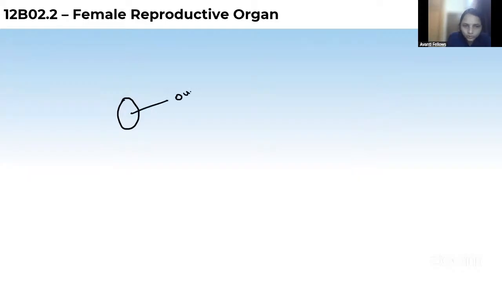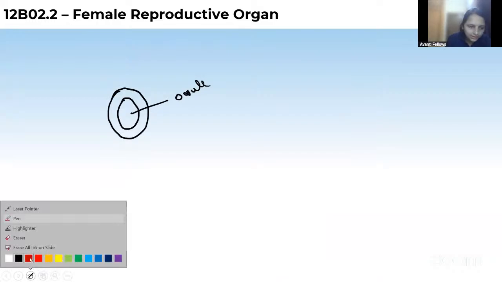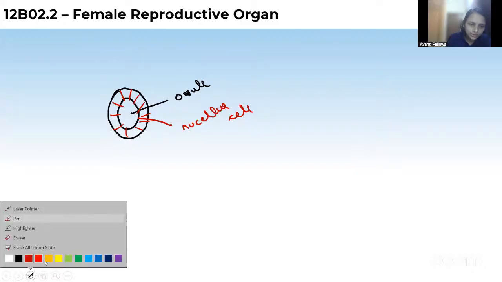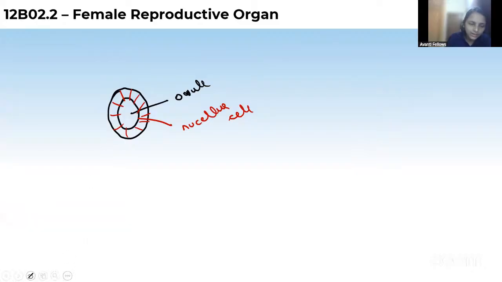This is the ovule, and it is covered by nucellus cells. I will take another color. This is called the nucellus. And it is covered by integuments, right? Here it is covered by integuments.